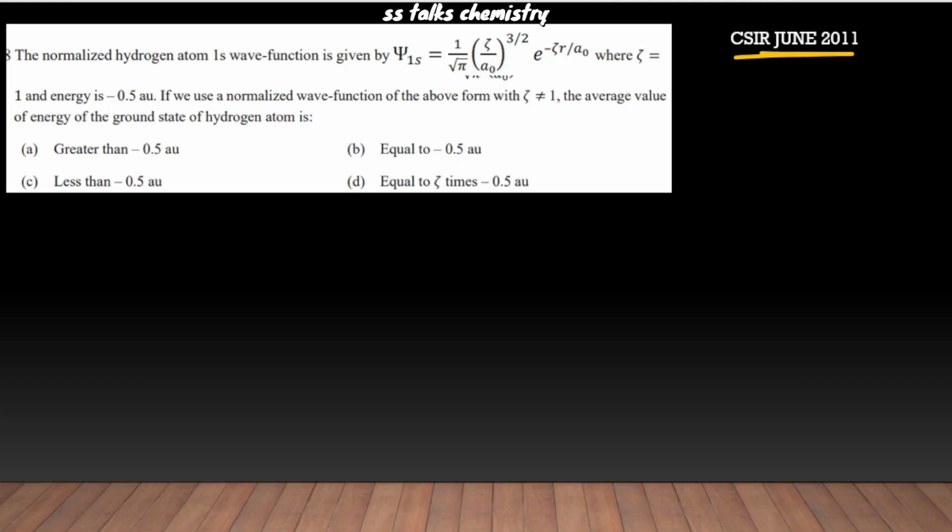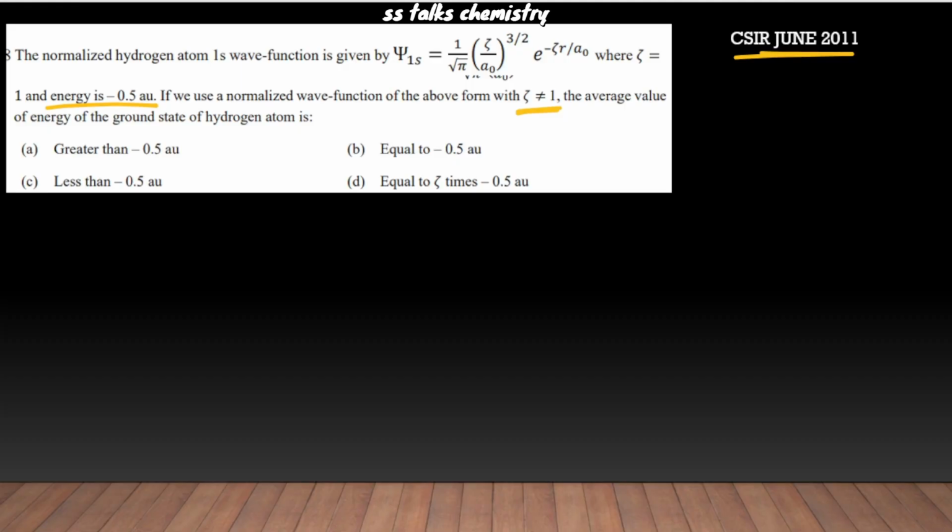Where the xi value is equal to 1, the energy is minus 0.5 atomic units. If we use the normalized wave function of the above form, with the xi value not equal to 1, the average value of the energy of the ground state of the hydrogen atom is going to be.